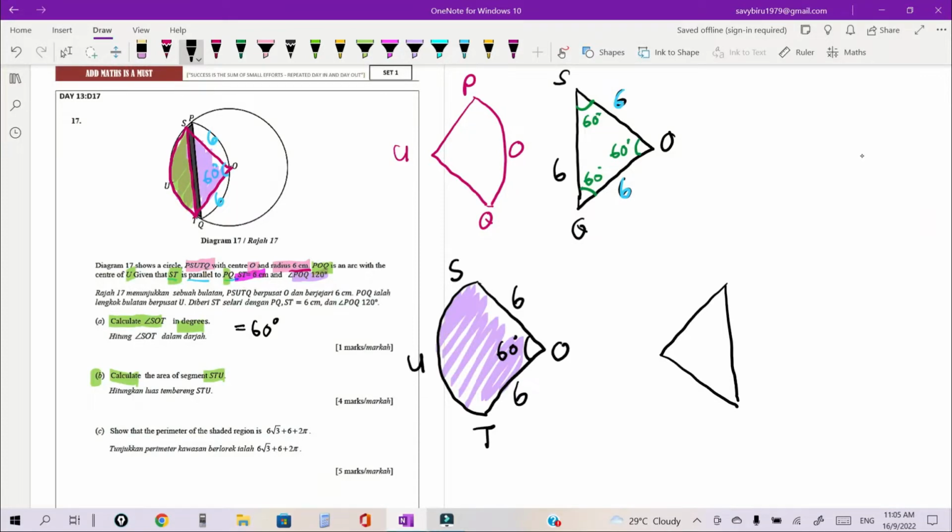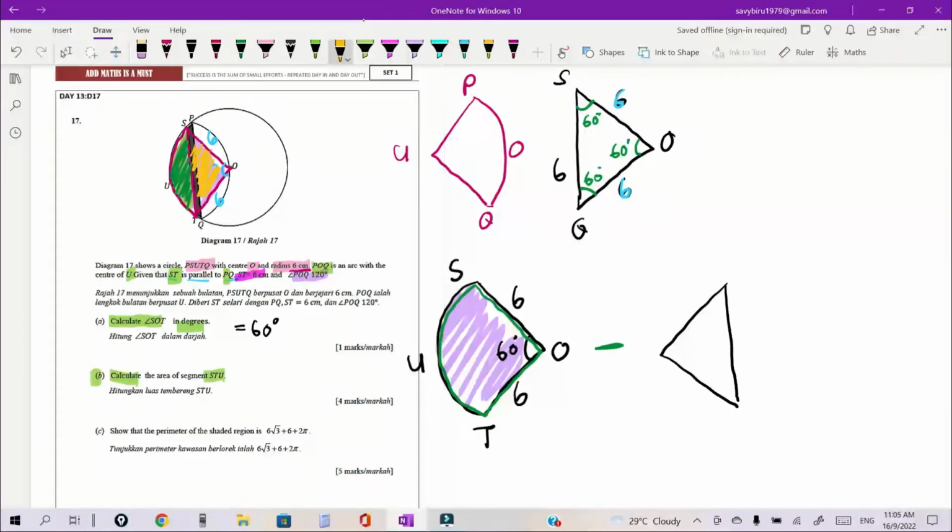You want to find the area of the segment, this part. So we can find the area of the sector OTUS minus the area of the triangle, this triangle, minus this part.